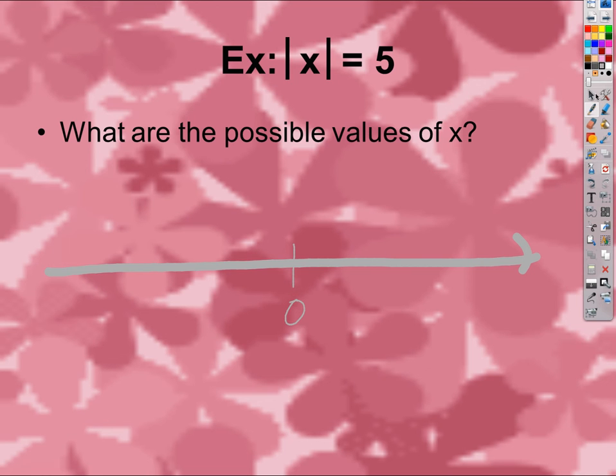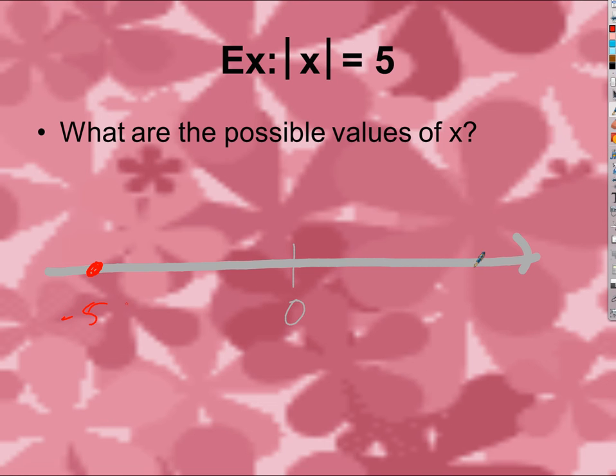And so we know right away that if we were to graph this thing, I'm just going to get a point at negative 5 and a point at positive 5. Right? And so those are my two answers, aren't they? x could be either one of those two things. Now the other way to think about it is not in terms of a number line. Just think of it algebraically. Think of it in terms of what could I fill in there that's going to give me an answer of 5? I could either put a positive number or a negative number into the absolute value bars. If the answer I'm going to get back is 5, well then positive 5 or negative 5, right?